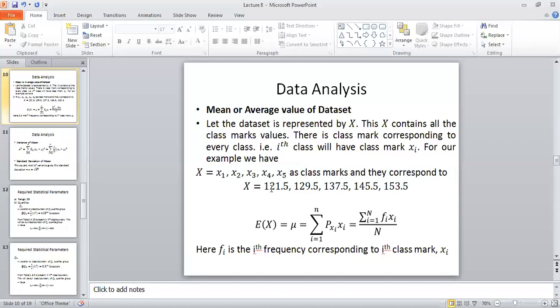Now, the data set that we will be using is the class mark data set, which has the 5 values equivalent to the 5 groups that we have. So we sum it from 1 to small n, where small n indicates the number of groups or the number of classes. And then when we sum this product, we get the average value. This is equivalent to saying that since probability is basically the frequency of each class divided by the total frequencies, we can replace this probability with frequency upon n as well, and the same result can be obtained.